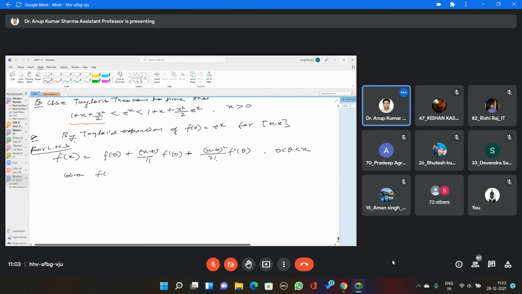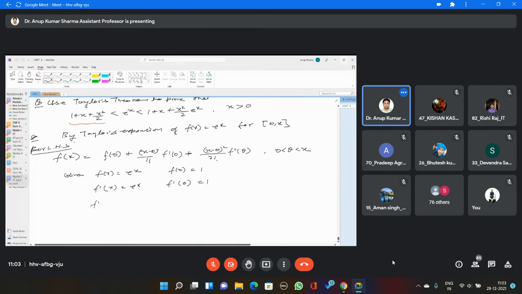Given f(x) is e to the power x, so f of 0 is equal to 1. f dash of x is e to the power x, so f dash of 0 is equal to 1.